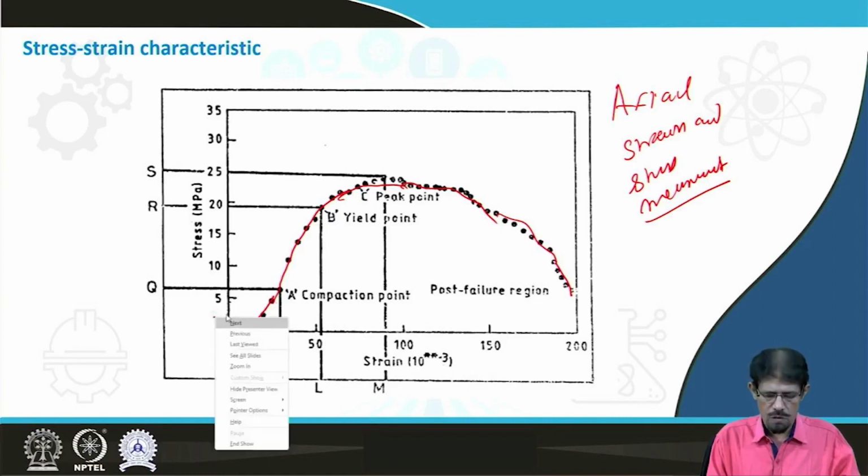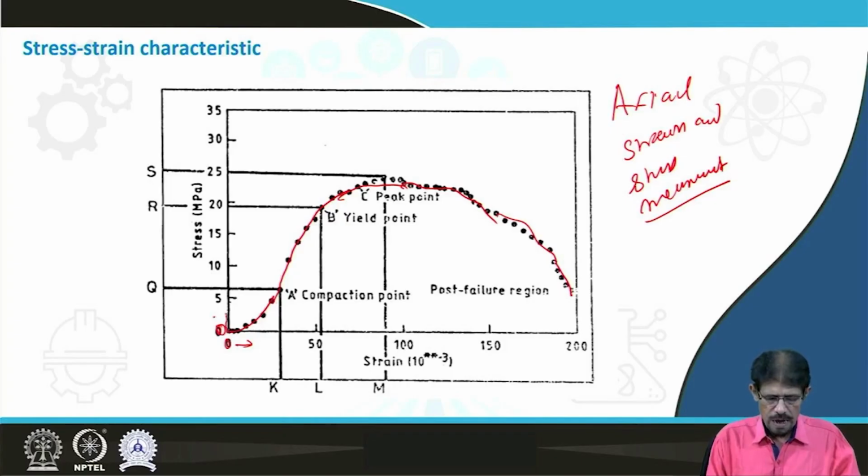When we put a stress of 1 MPa, there is a strain of some limited value. When we put 5 MPa, there is a corresponding development of the strain. Progressively, there is an increment in stress and an increment in strain.